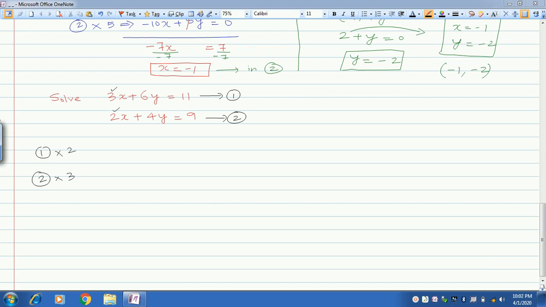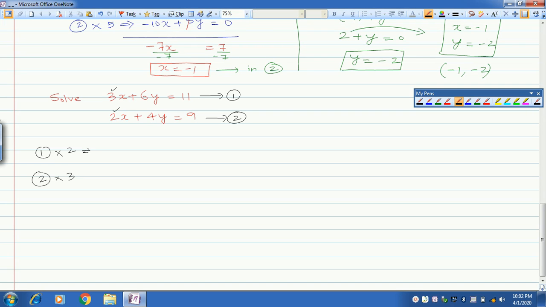You have 6x plus 12y is equal to 22. When I multiply 3 with the second equation, you will have 6x plus 12y equal to 27.